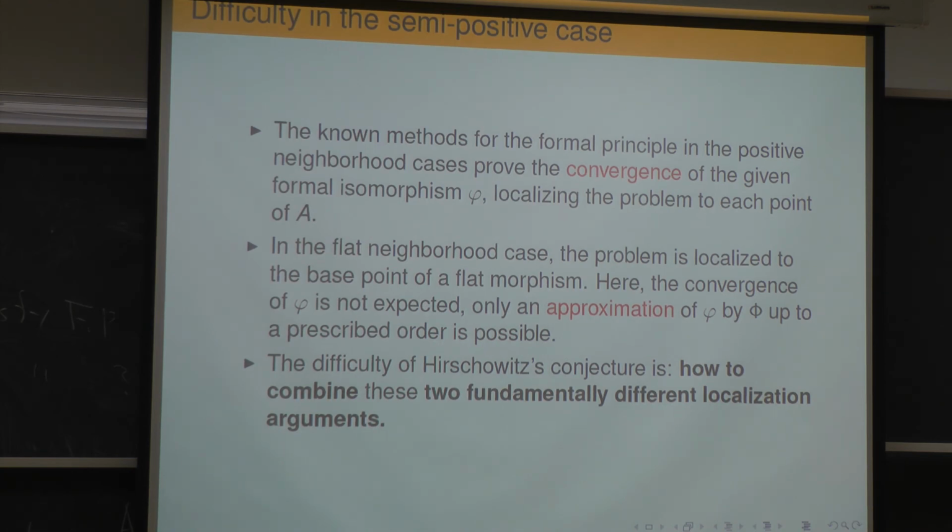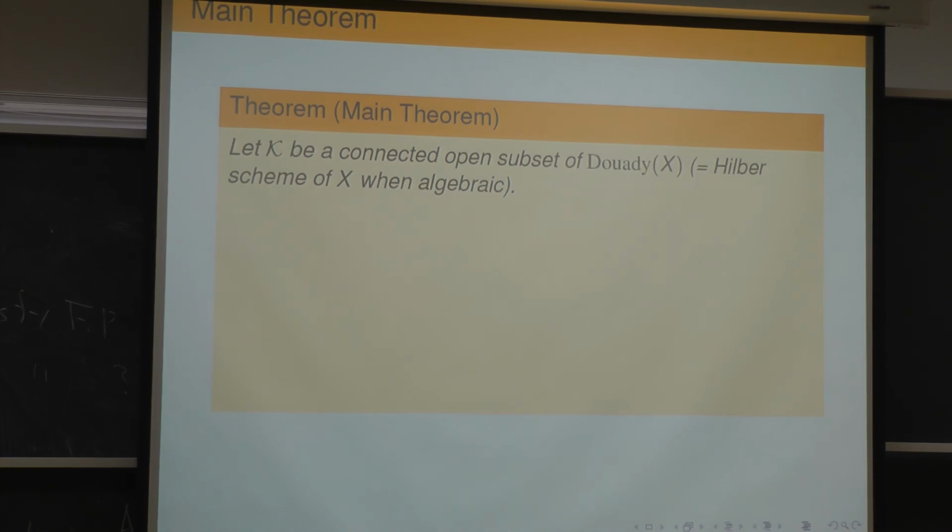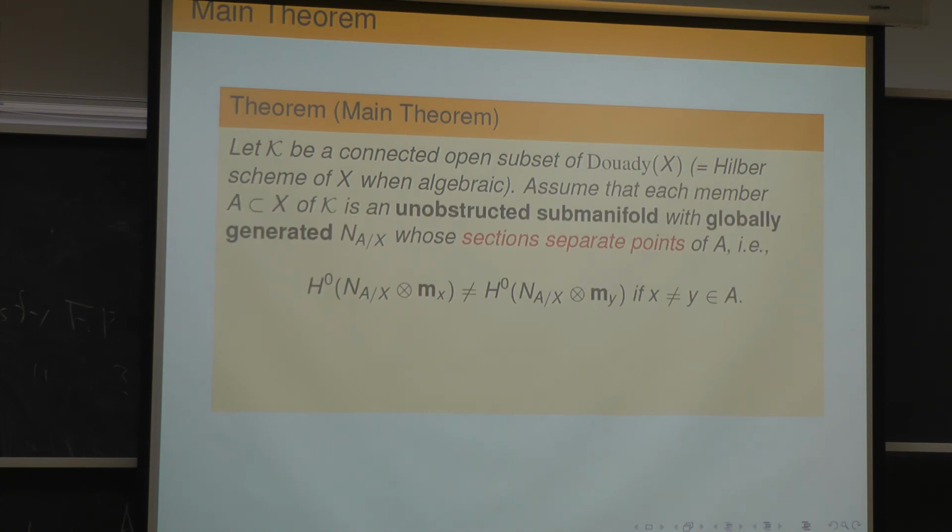So let me now state my main result. The main theorem is slightly complicated. So I consider a connected open subset in the duality space, such that for each member of this open subset, the submanifold is unobstructed with globally generated normal bundle.